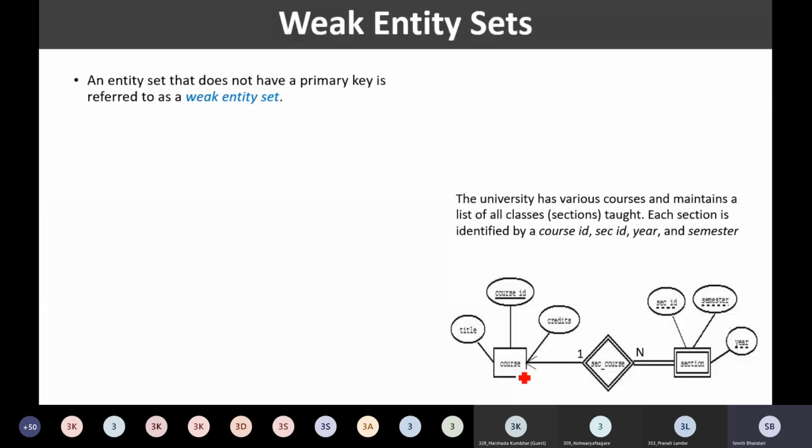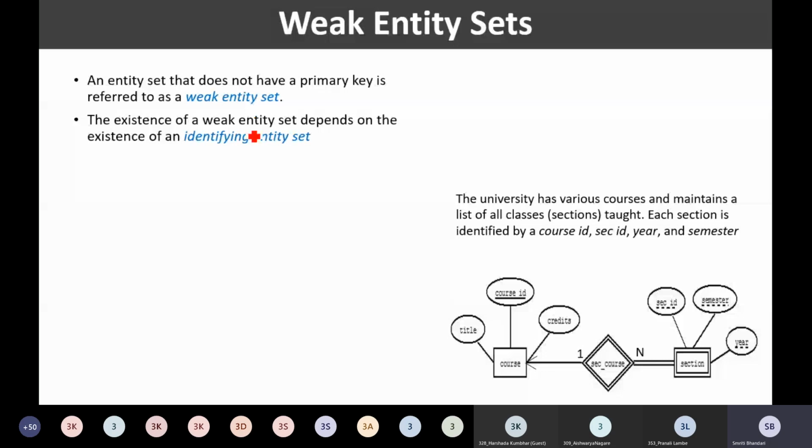Okay. So how to define a weak entity set? The weak entity set is the entity set that does not have its own primary key and it depends upon some other entity set for its existence, right? So the existence of a weak entity set depends on the existence of an identifying entity set. So this course is the identifying entity set.